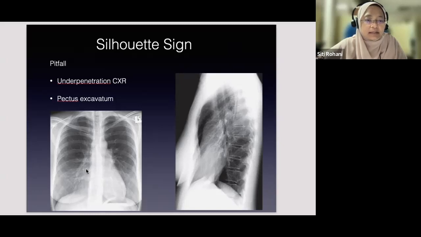This is not because there's a consolidation or mass at the middle lobe, but because of the anatomy. The pectus deformity of the chest wall causes the heart to be slightly shifted to the left behind the sternum, so we cannot see the right heart border.